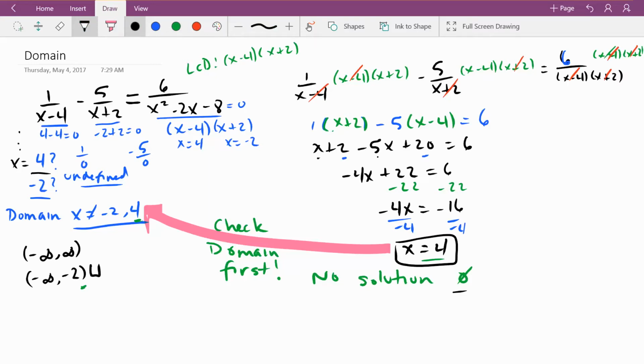Then it could be anything between negative 2 and 4, but not negative 2 and 4. So again, these parentheses tell us it can't be those. And then anything from 4 to infinity, but again, not including 4. If they want domain in interval notation, that's what it would look like. But again, our answer, no solution.